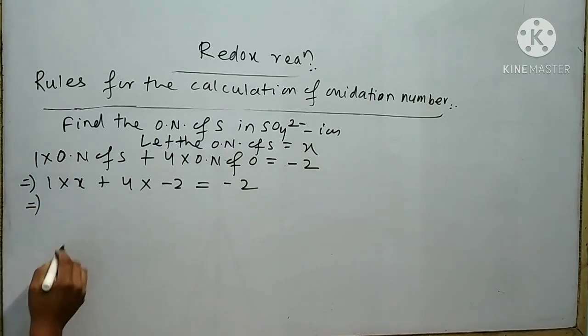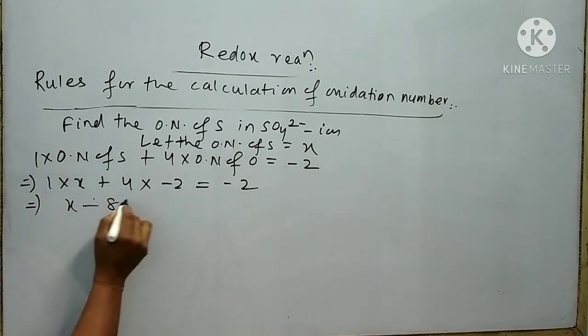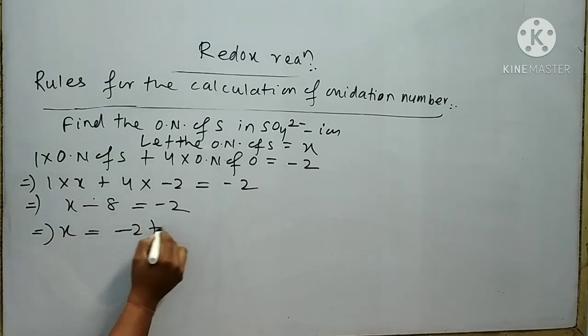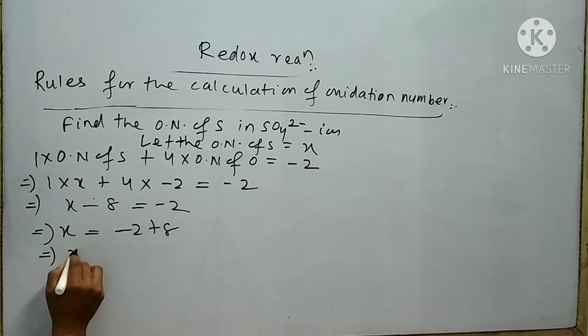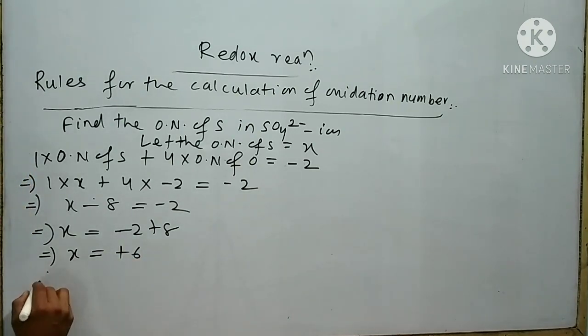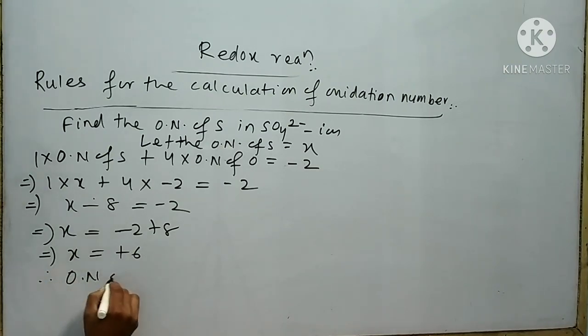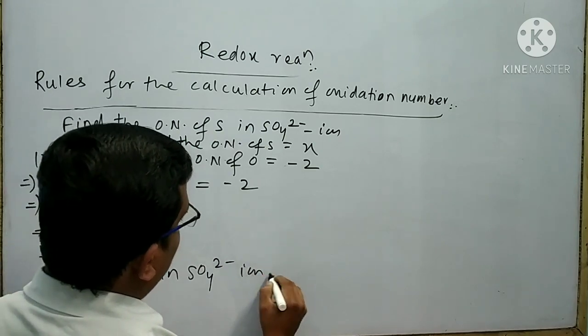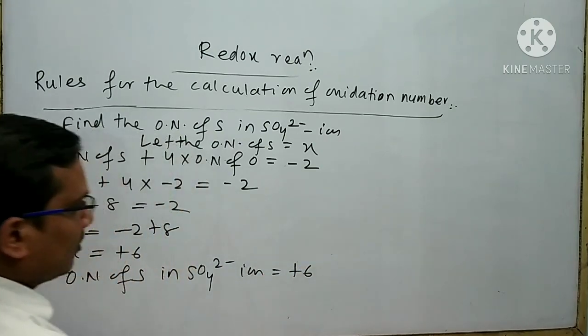That means X minus 8 equal to minus 2. This implies X is equal to minus 2 plus 8, so X is equal to plus 6. In our question, the oxidation number of sulfur in SO4 2 minus ion equals plus 6.